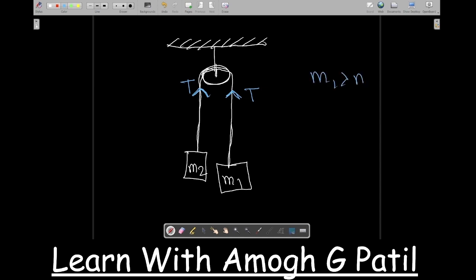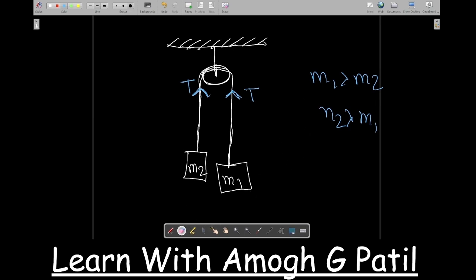If M1 is greater than M2, then the M1 body will move down and the M2 body will move up. Suppose M2 is greater than M1, then the M2 body will come down and M1 will go up.